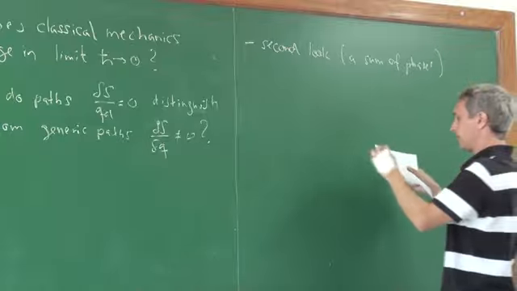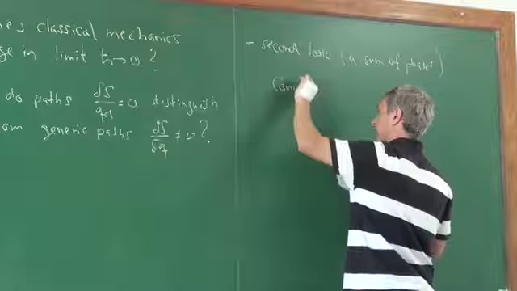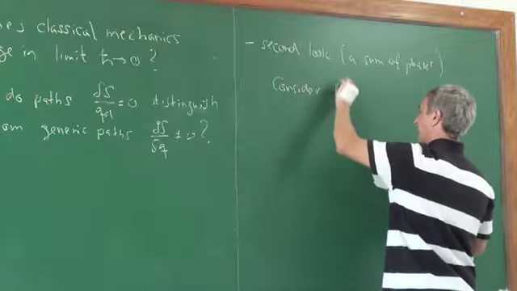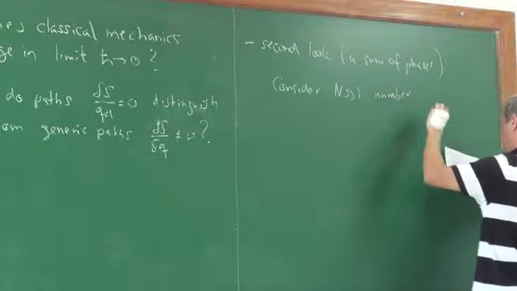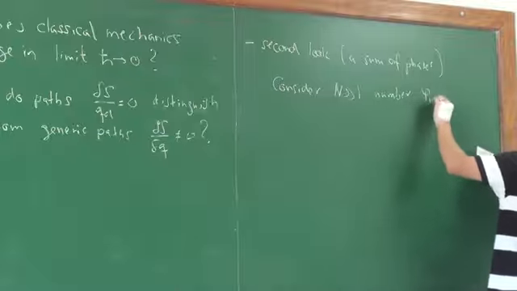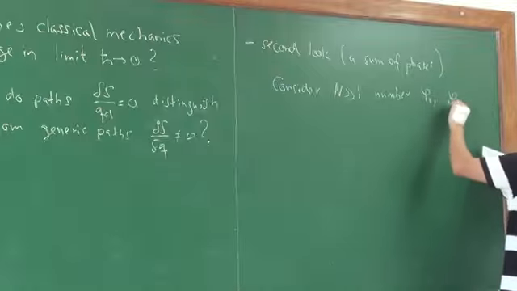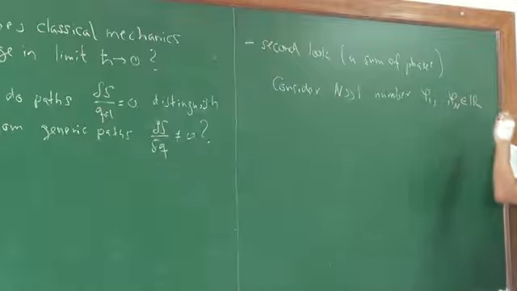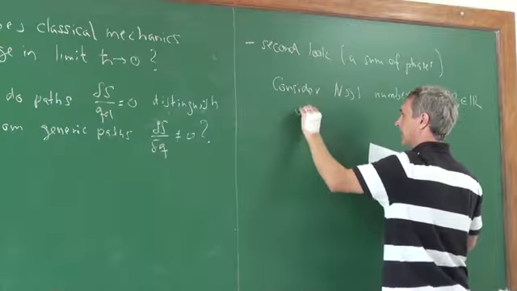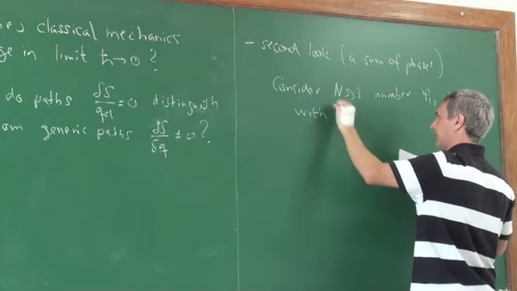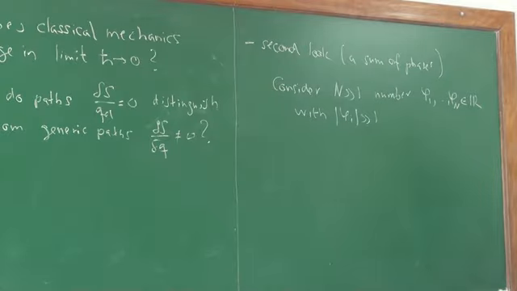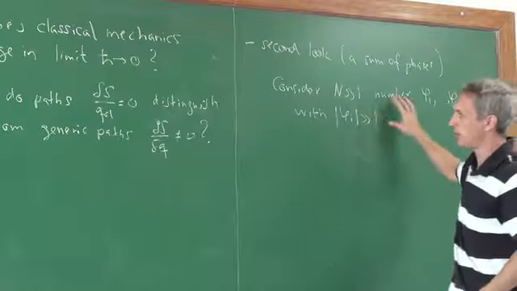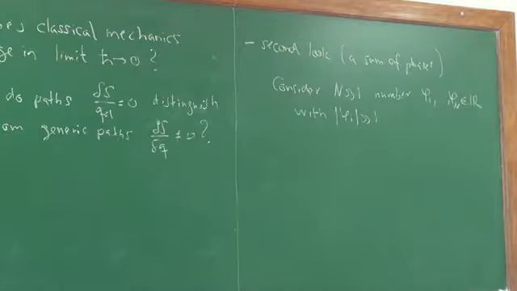So let's consider a large number of reals, phi_1 to phi_n, which are all real numbers, and let's assume that all these numbers are much larger than 1. The typical numbers are much larger than 1. There might be some which are of the order of 1 or small, but the typical ones are much larger than 1. So this is, in a way, a cartoon of the problem we are looking at.